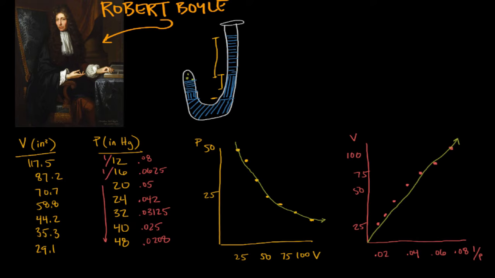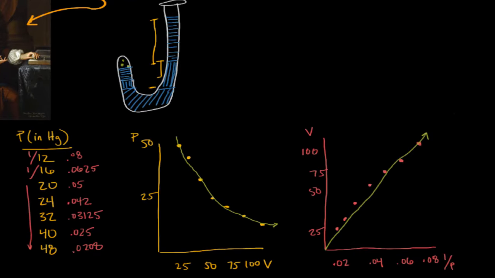And if we write this straight line graph as an equation, it would be y = mx + b. That's the equation for this graph, where m is our slope and b is our y-intercept. But our y-intercept here is 0, so all we really need is y = mx. Well, in our graph, our y value is our volume, and our x value is the inverse of our pressure.